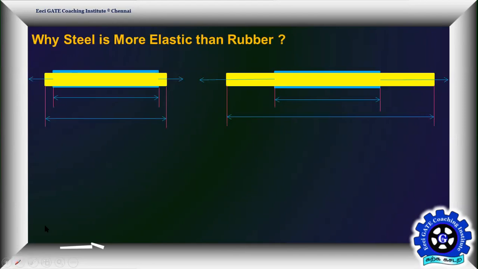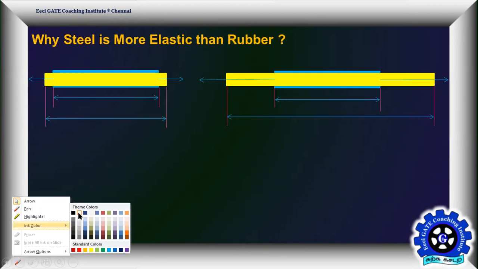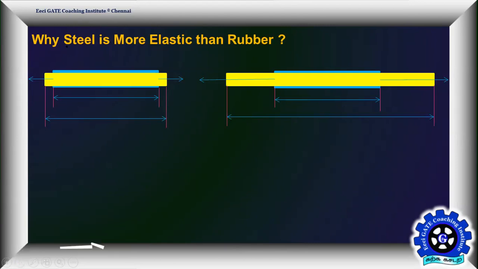First, tell me, is steel more elastic than rubber or not? First, draw these two figures.